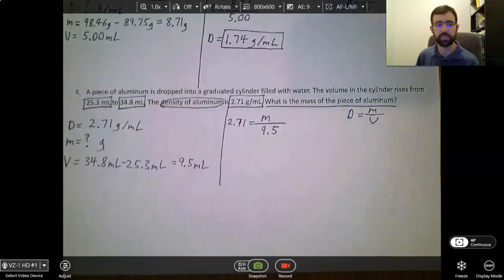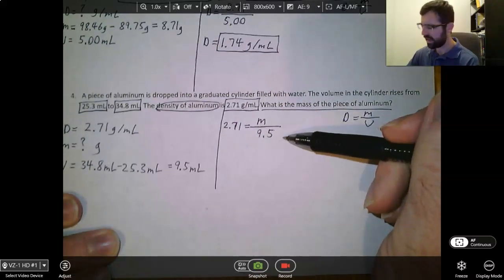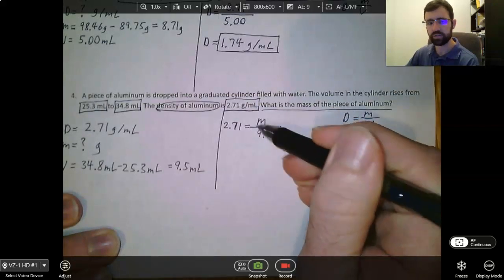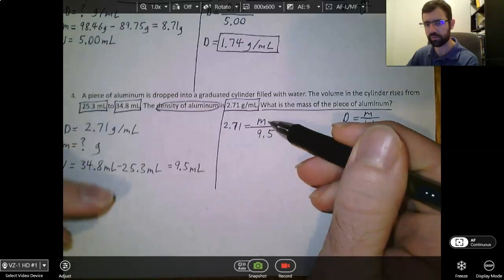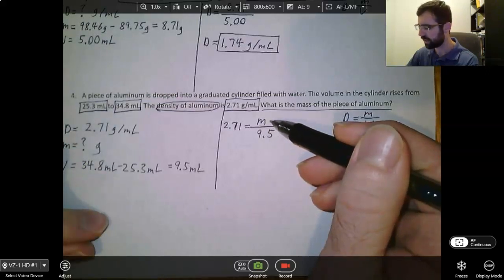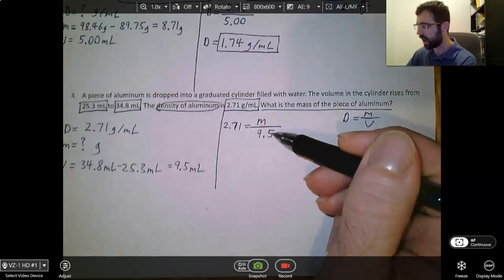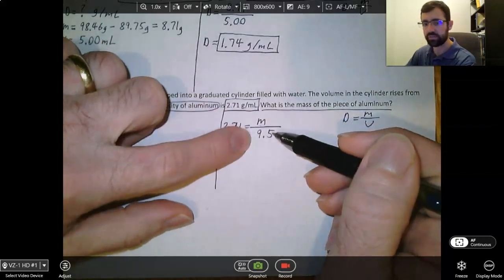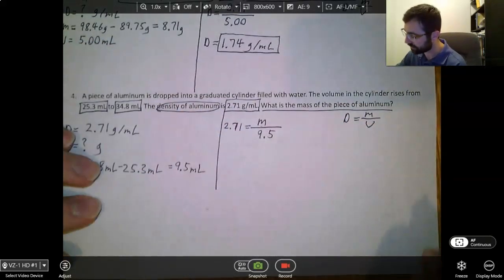A few different ways to think about this problem, but the way I look at it, right now I have mass divided by 9.5, and I want mass by itself. Just like if this was x over 9.5. I want that letter by itself. If I want to get rid of 9.5, I have to do the opposite of what's happening right now. I'm dividing. Opposite of division is multiplication. So I need to multiply on both sides.